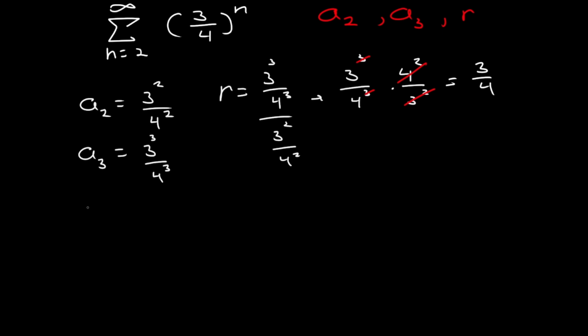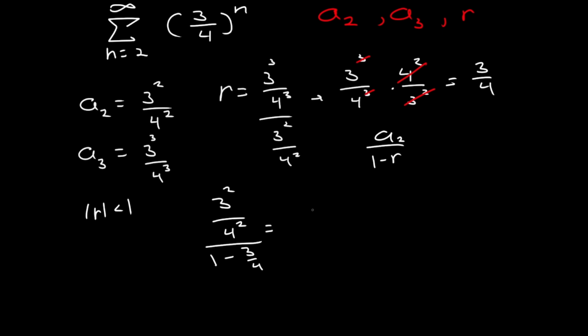Our r is less than 1. The absolute value of 3/4 is less than 1, meaning that this series does converge, and we can use our formula. So we can plug in a divided by 1 minus r, and let's make this a sub 2. So our first term, 3 squared divided by 4 squared, divided by 1 minus 3/4.